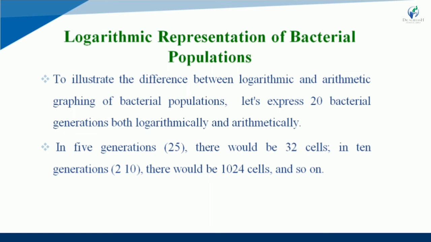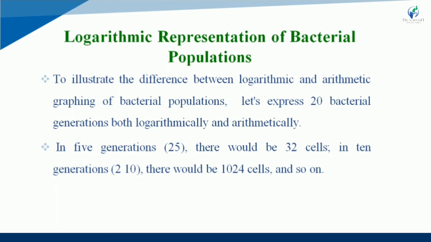If 5 generations, that means 2 to the power of 5 is equal to 32 cells present. In 10 generations, there would be 1024 cells present.